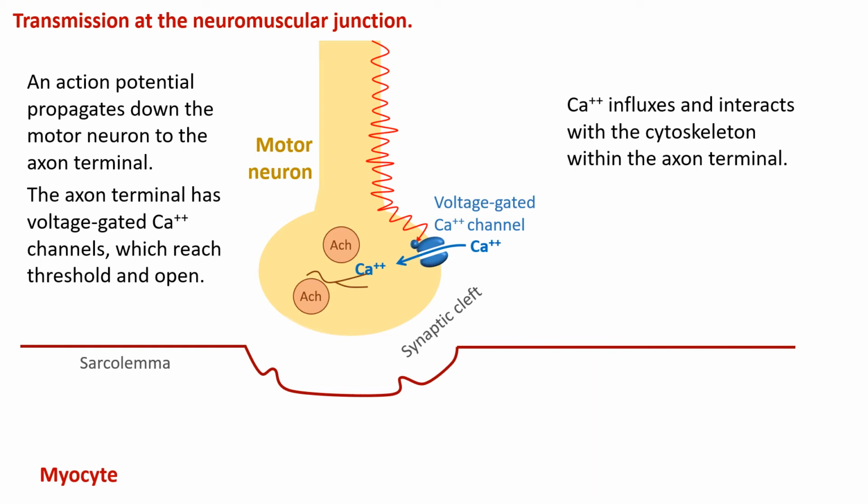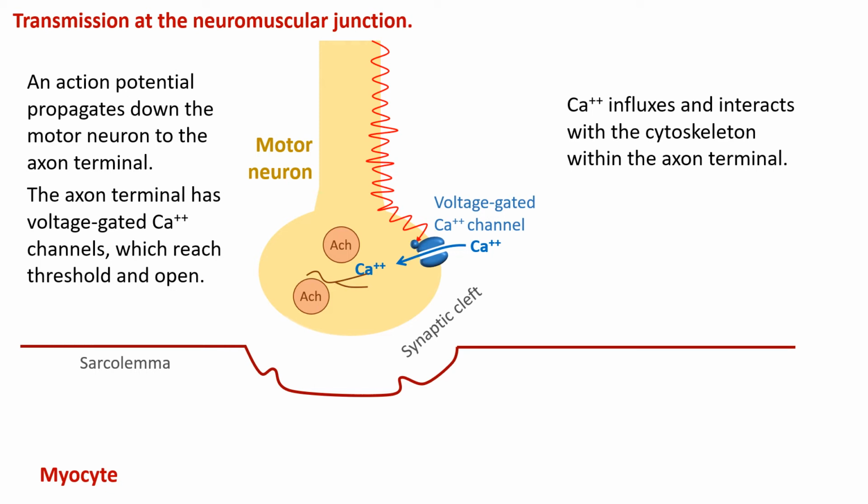Calcium influxes. There's a lot of calcium outside, not much inside. So calcium, through passive transport, follows its gradient and influxes into the axon terminal. When it gets into the axon terminal, it interacts with the cytoskeleton. Remember the cytoskeleton?